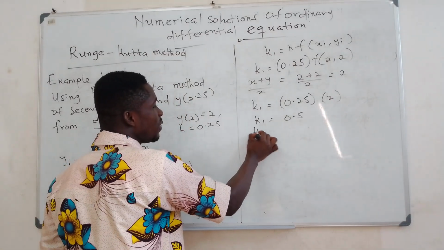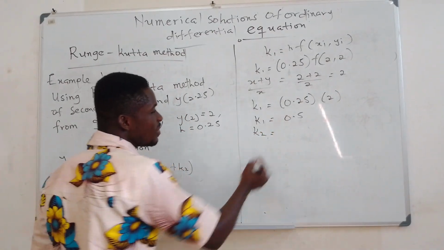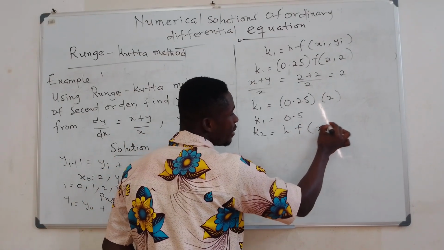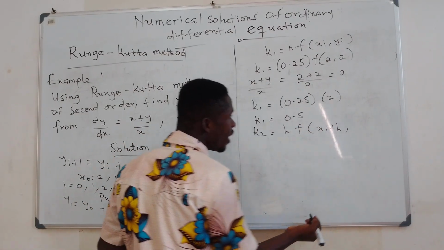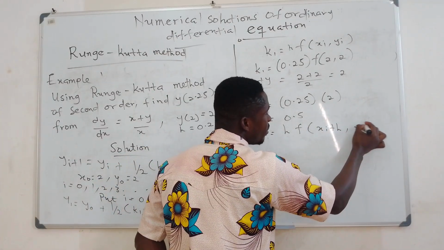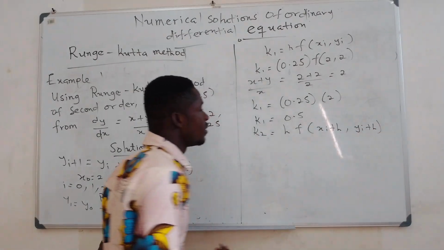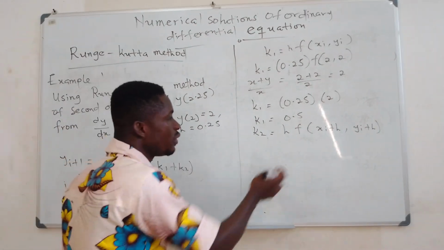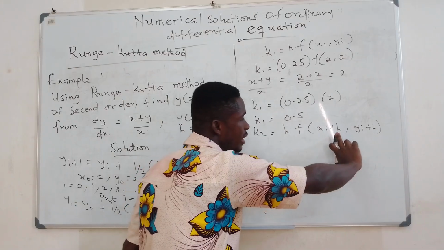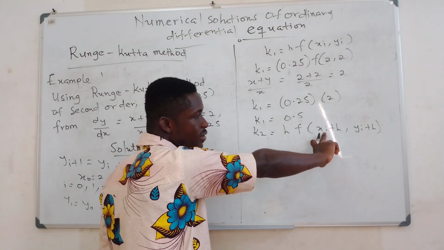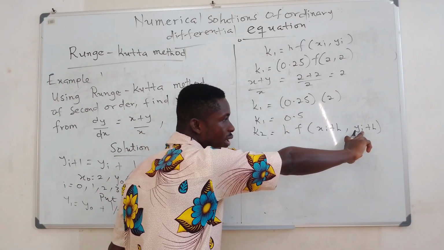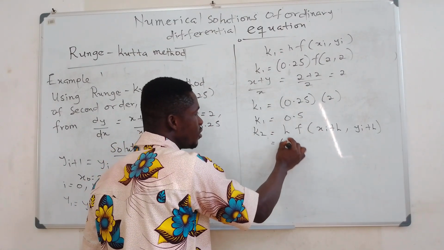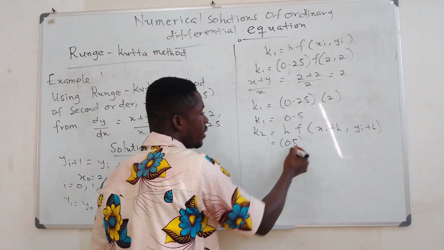So k2. Now k2 is h times f(x_i plus h, y_i plus h). Very well. So this is our k2. So now here becomes x naught, and here also becomes y naught. Our h is 0.25, so 0.25 times f.